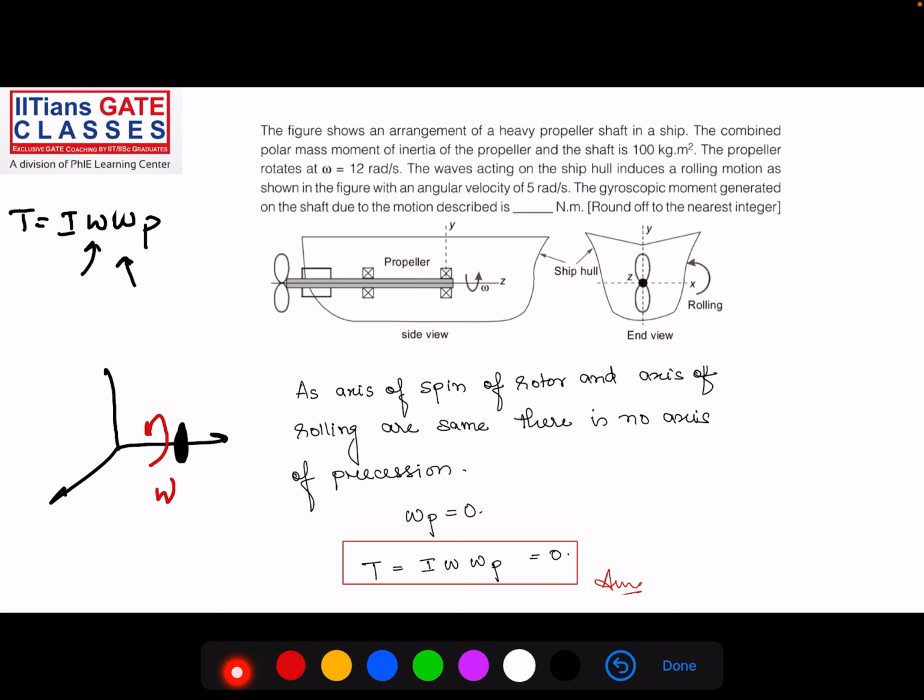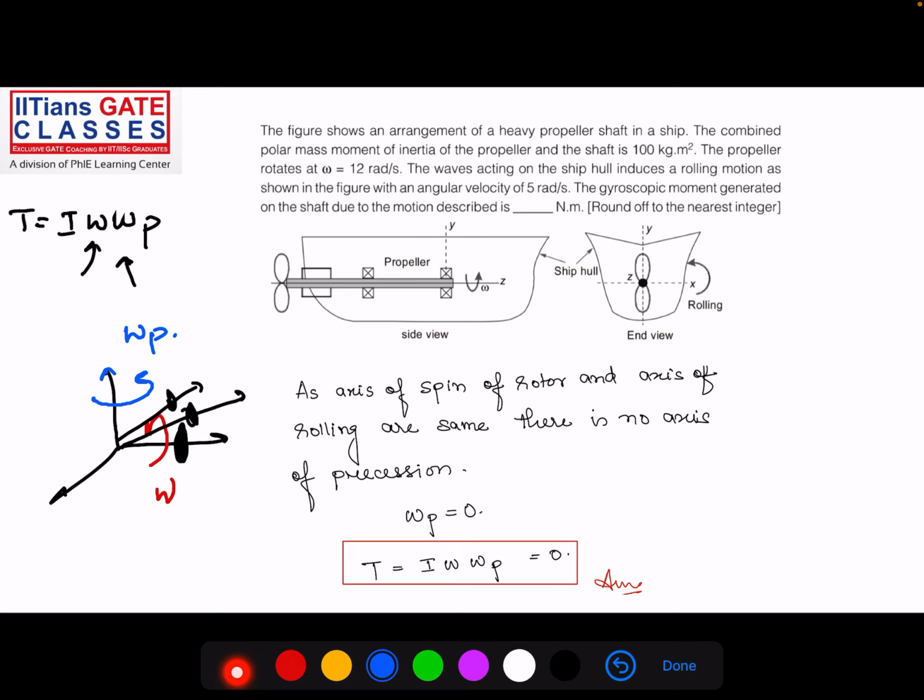Now suppose the rotor changes its position and rotates in this direction. So this becomes the axis of precession and omega precession, right?